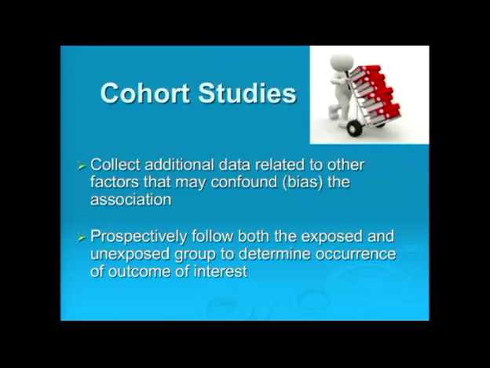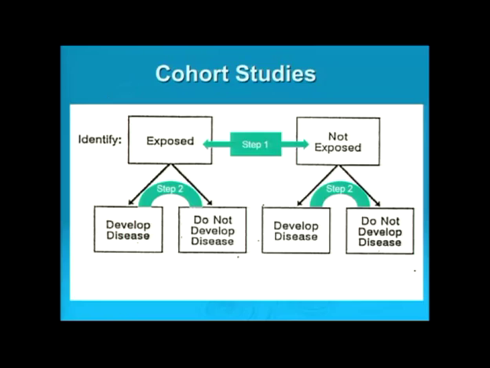So you're going to collect some additional information, and then you're going to follow your two groups, exposed and unexposed, forward in time to determine who has the outcome of interest. So I would follow my smokers and non-smokers over many years and determine who developed lung cancer and who didn't. So that's an overview of how we get a cohort study started.